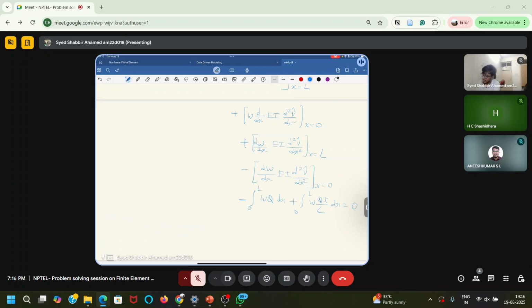So now we can use the Lagrange interpolation formula which we were using, that we can exploit here, which will be N1 v_i plus N2 theta_i, because we have two conditions to take here.